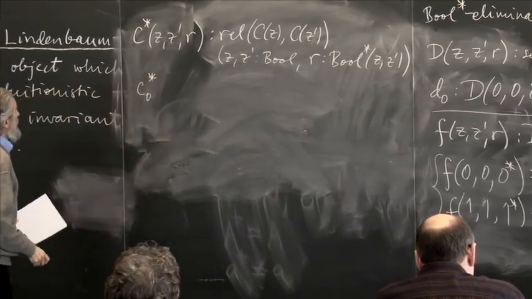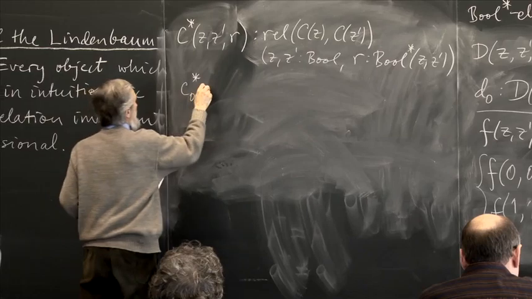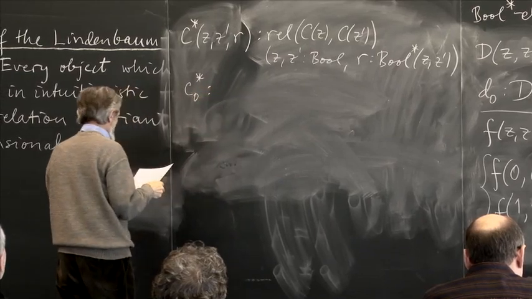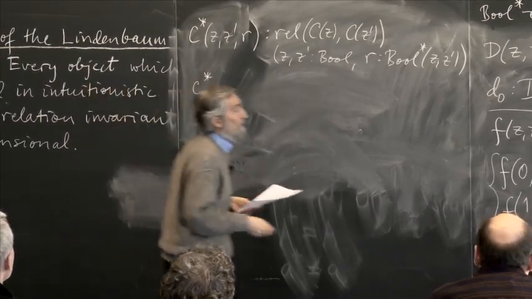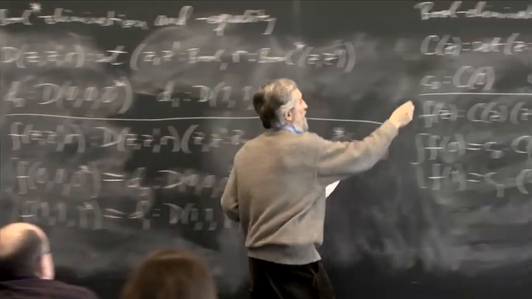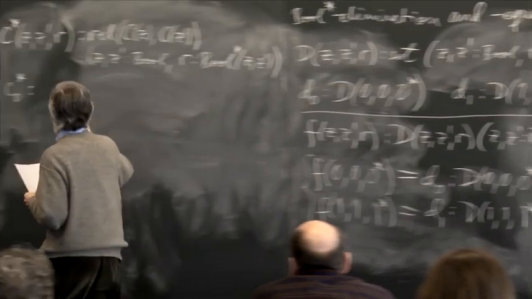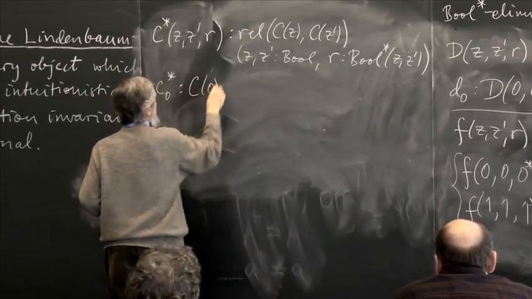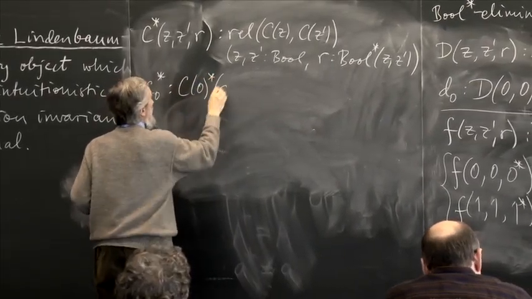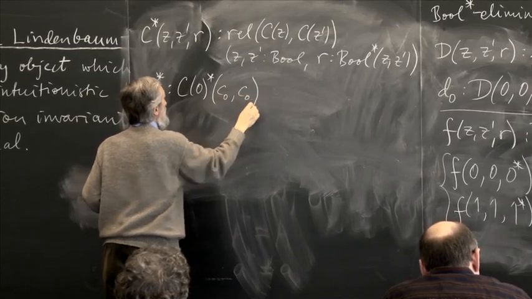Well, C0 star should prove that C0 is related to itself relative to the relation which interprets C of 0. So it should prove C of 0 star of C0 and C0.